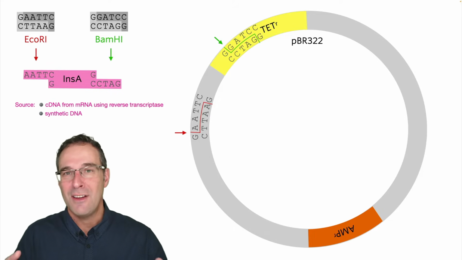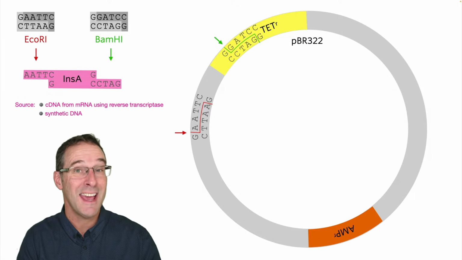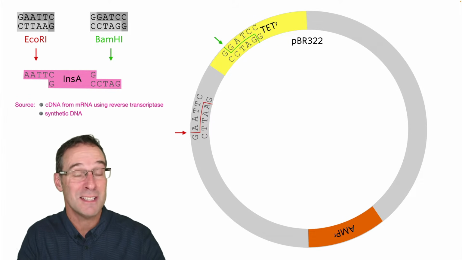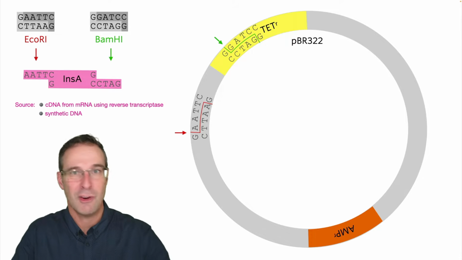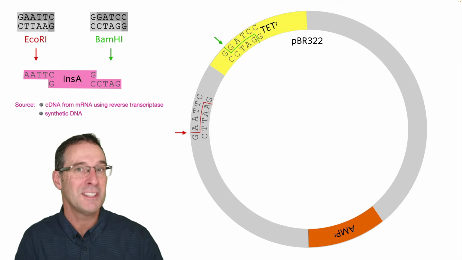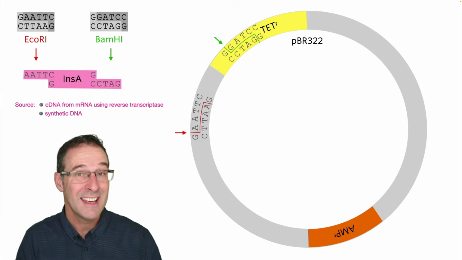All right. Now, that works, of course, because messenger RNA doesn't have any introns in it. Okay, the introns get spliced out of the primary transcript, the pre-messenger RNA, to make that messenger RNA. So if you get messenger RNA and transcribe it backwards, the introns are gone. So that's one way of getting the gene for insulin A without introns. And as I said, that's probably the way that it's mostly done today.